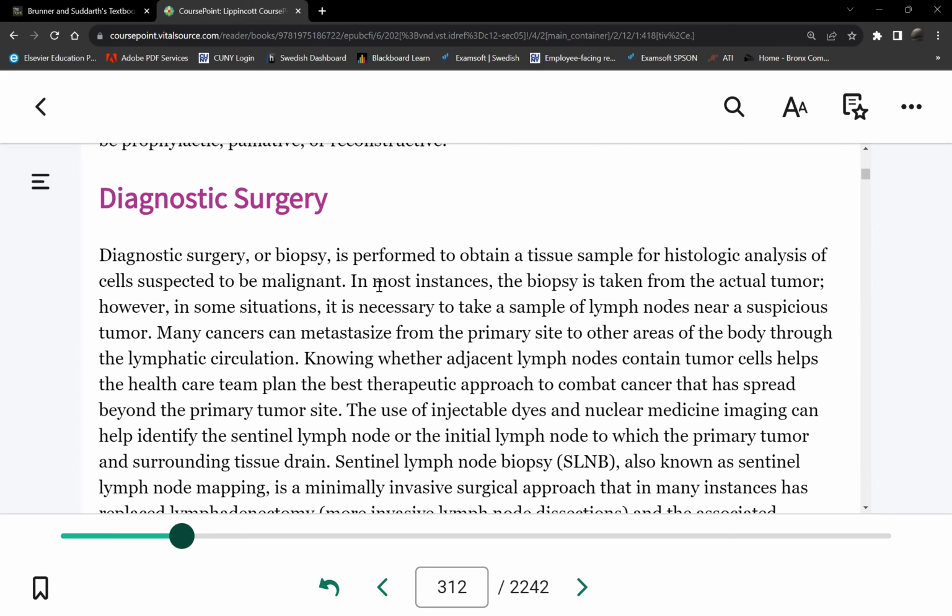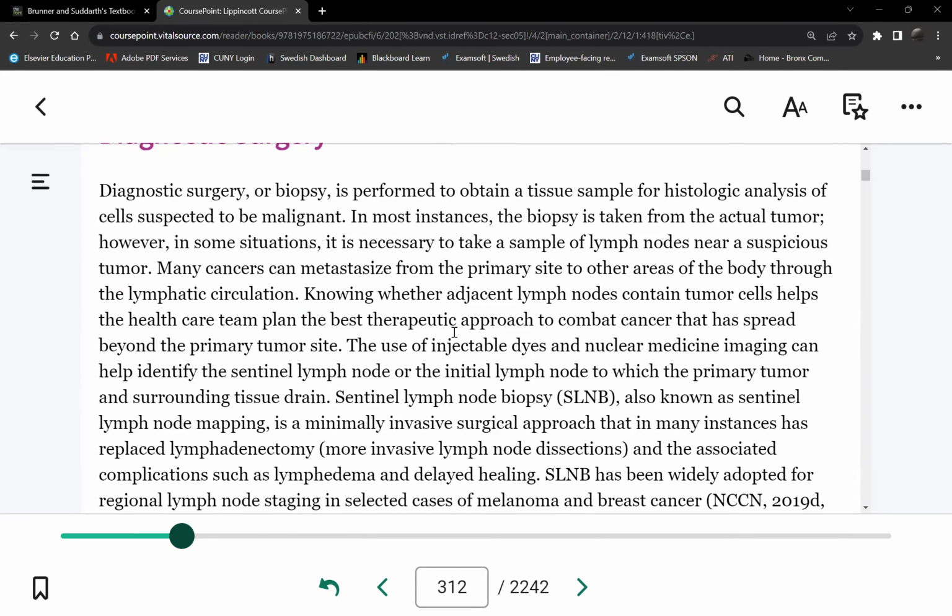Another surgical procedure that falls under diagnostic surgery is exploratory laparotomy, also known as XLAP. People will just say, the patient had an XLAP.